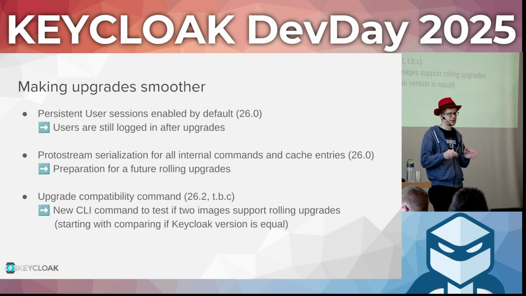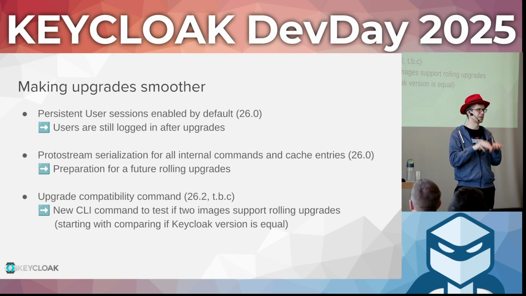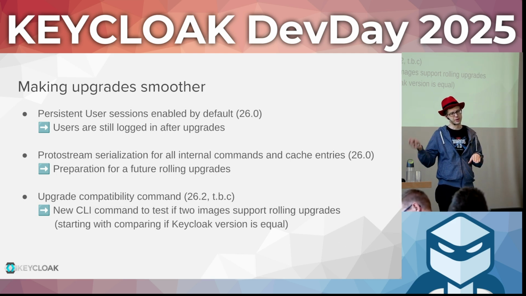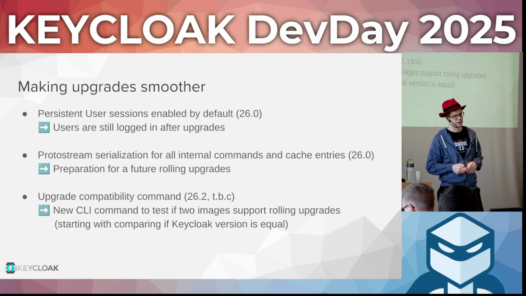The command will stay for the foreseeable future, and it will be very dumb in the beginning. If it's the same Keycloak version in that image, it will do a rolling upgrade. But over the next months of this year we will teach it some new tricks to also decide, yes, these two minor versions are compatible.